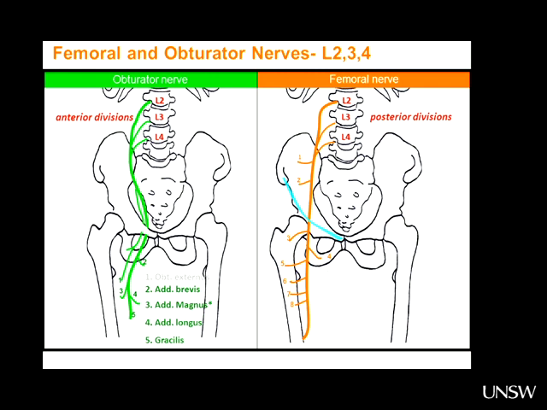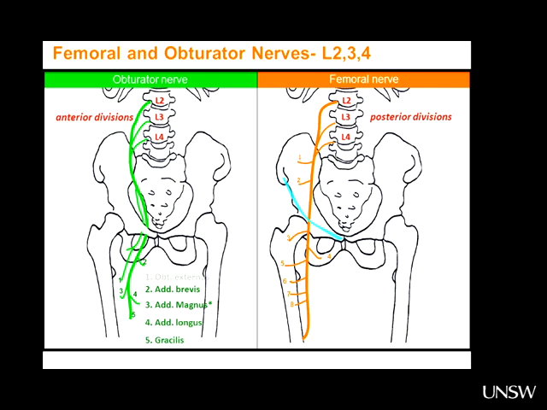So it is a content of the femoral triangle. So femoral nerve comes off the posterior divisions of L2, L3, and L4, passes through the pelvis, and then enters the thigh by passing under the inguinal ligament. Once it enters the thigh, you would find it as a content in the femoral triangle.